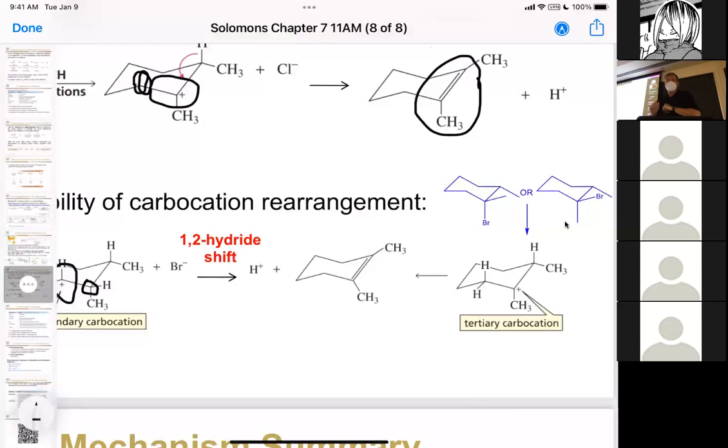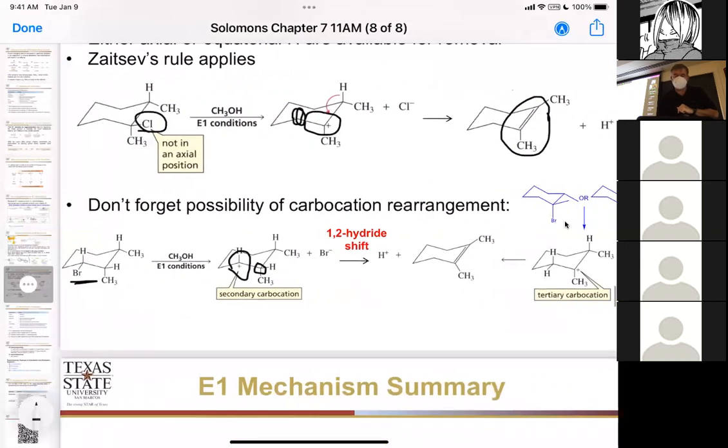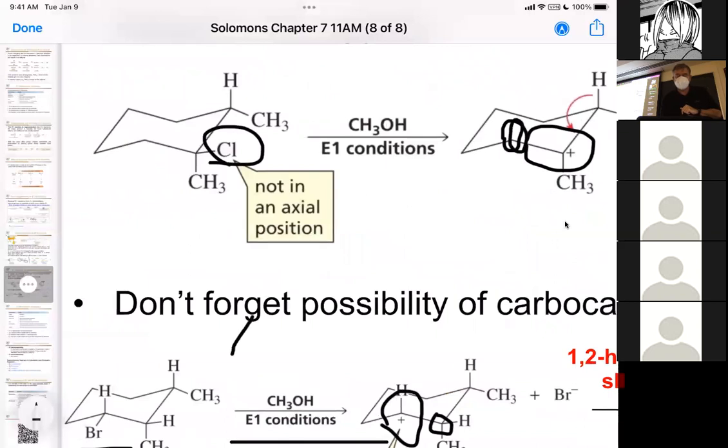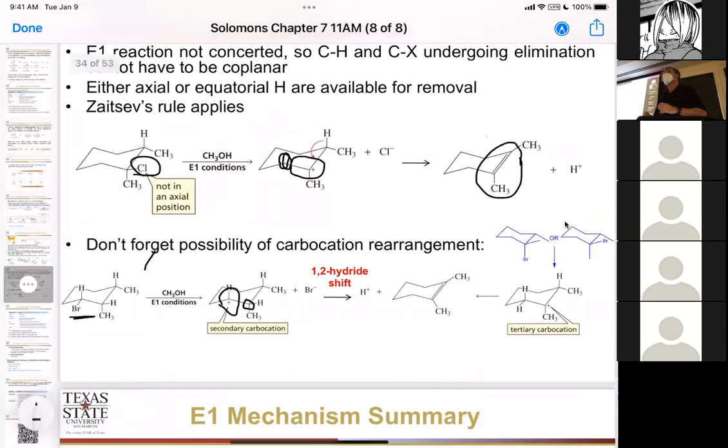The 3-bromo is going to give us the same thing. So the chloride was here, the bromide is switched over one, but because of being able to form a tertiary carbocation, it will, and therefore you can then follow Zaitsev's rule and get the most substituted alkene. All right, questions on that?